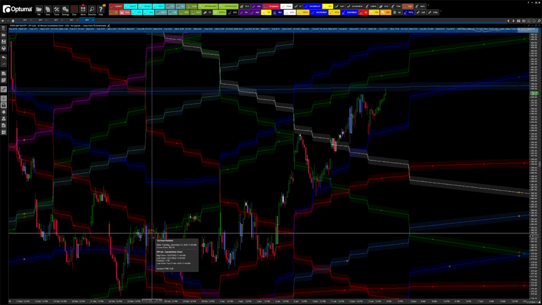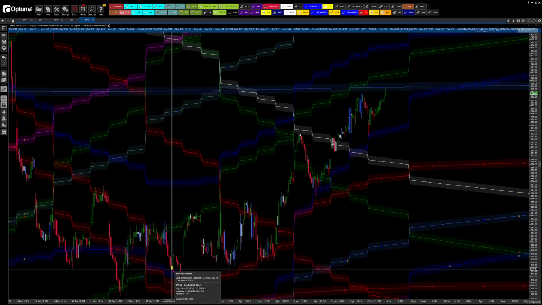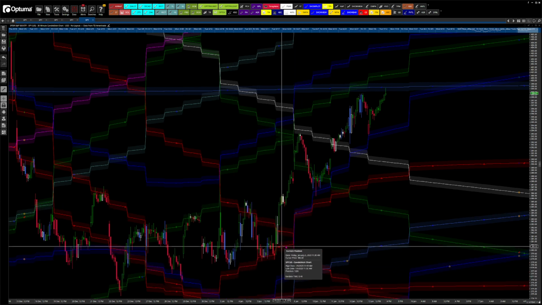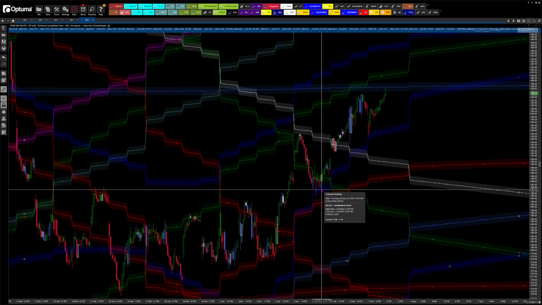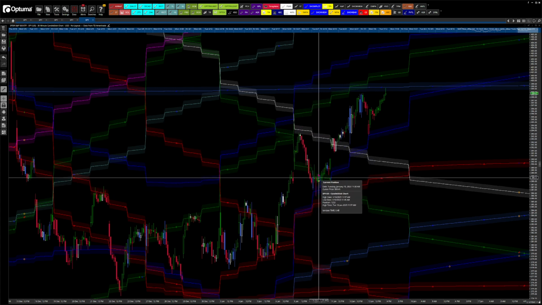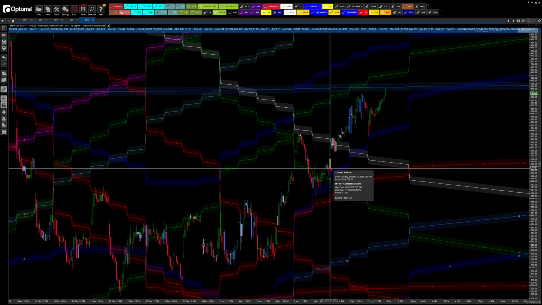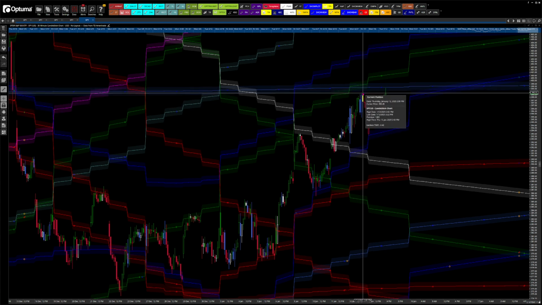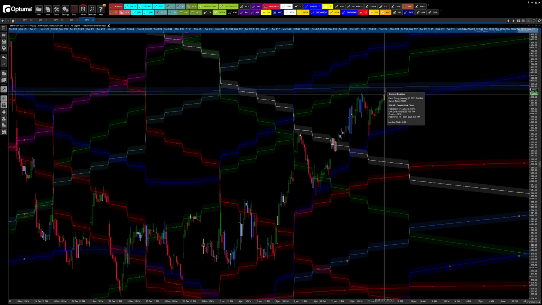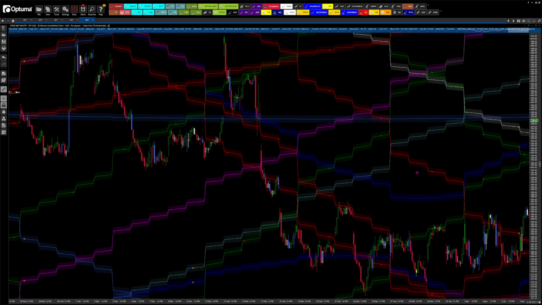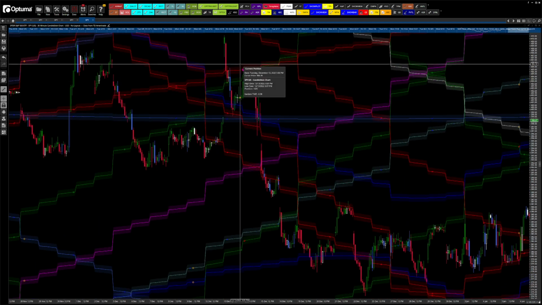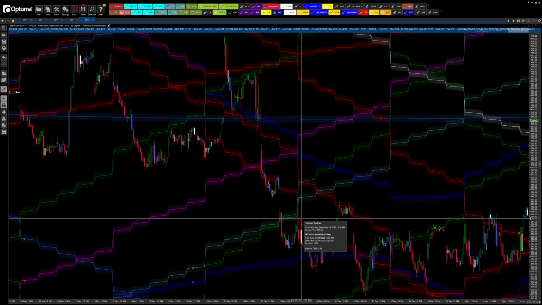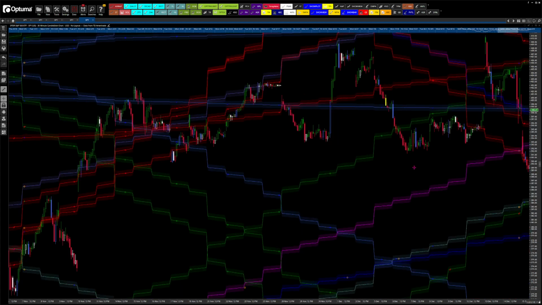Then we have, kind of following this line, then coming down, getting support here, resistance here, support here, resistance here, support here, coming up, resistance here, then kind of getting trapped in this thing, breaking up from it, and then pausing here, coming up, a little bit of resistance here, support here, and then today a resistance here. Here we have a resistance here, getting some resistance here, kind of clustering.